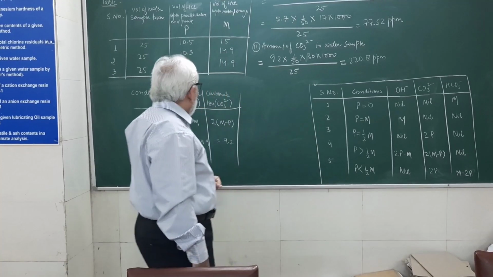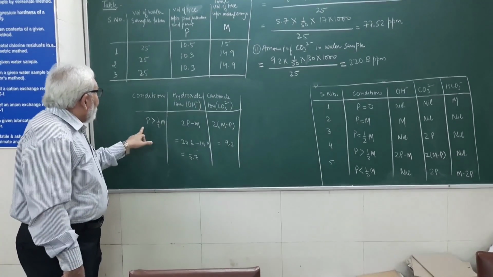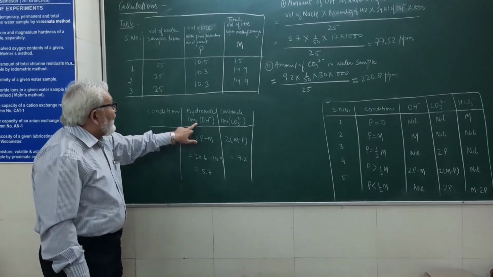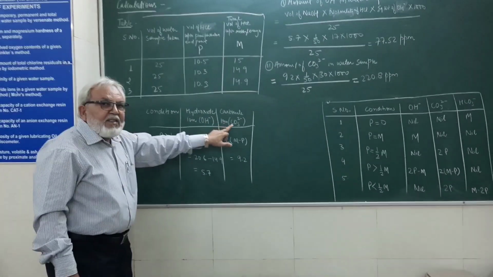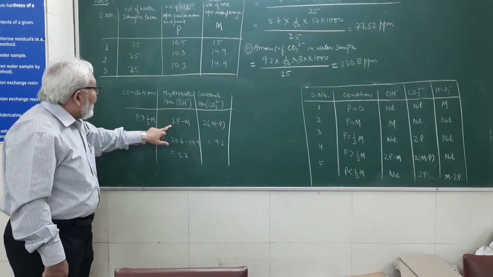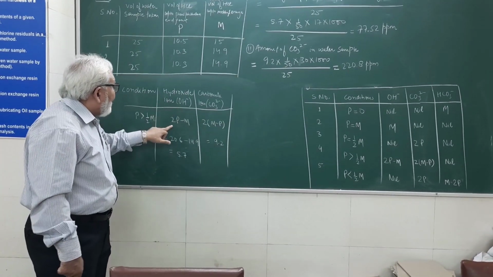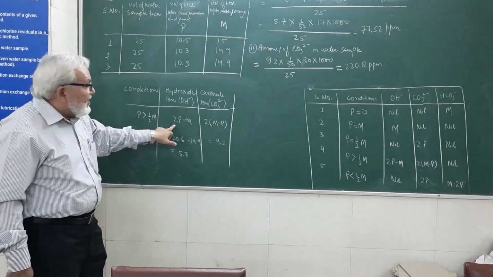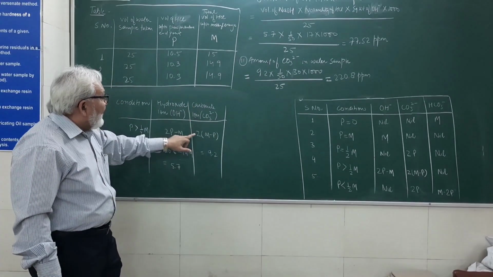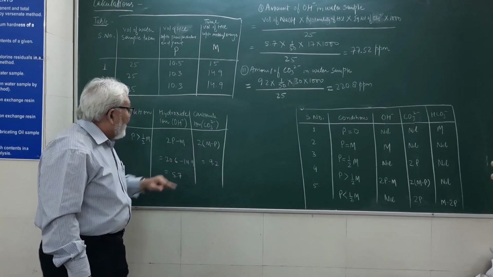It means the water sample contains hydroxide ion and carbonate ion, and for hydroxide the volume of acid consumed is 2P minus M, while for carbonate the volume of acid consumed is 2M minus P.